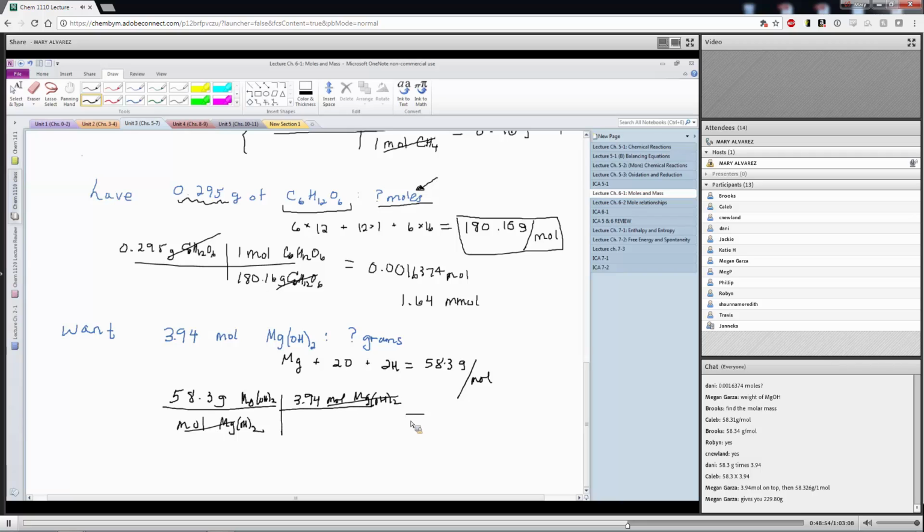So you guys had the right answer, but I want you guys to see why, that your moles cancel. This is how you're going to set it up, so that in the future you'll be sure to know what to put where. So 58.3 times 3.94, I believe that it could be 229.8 grams. Everybody feel good about that?